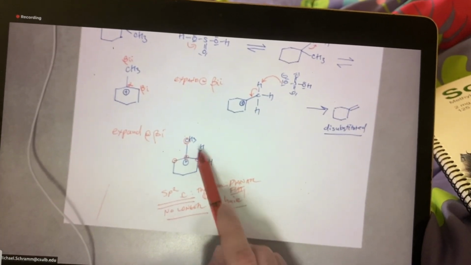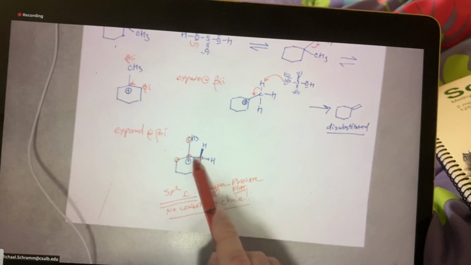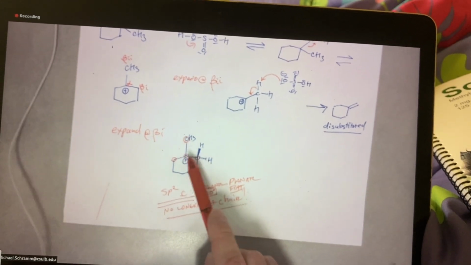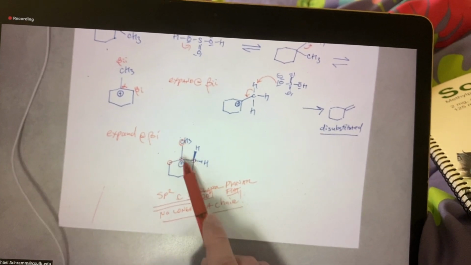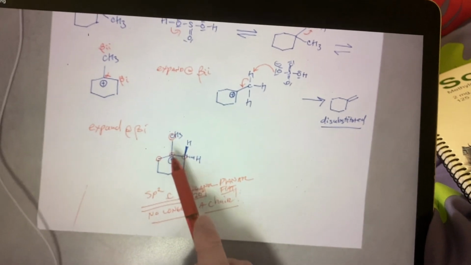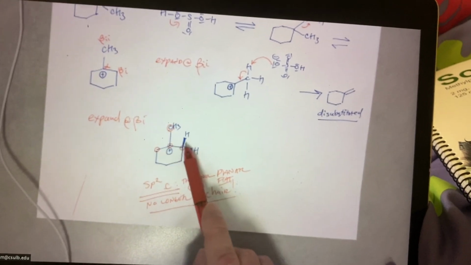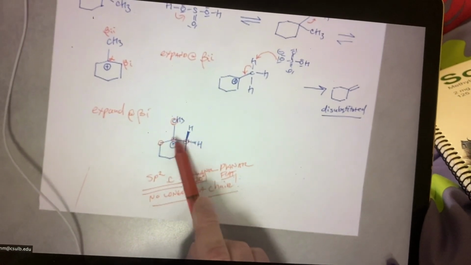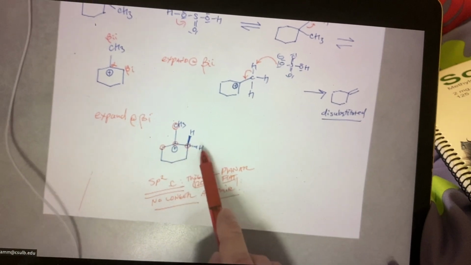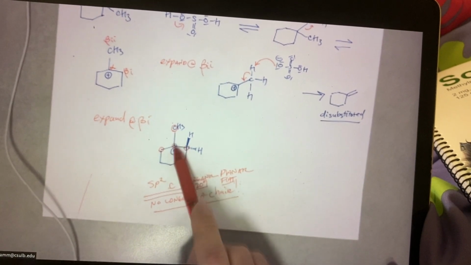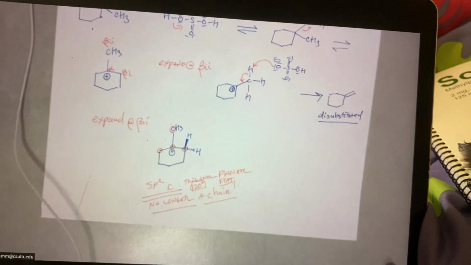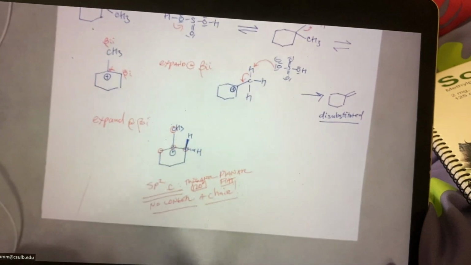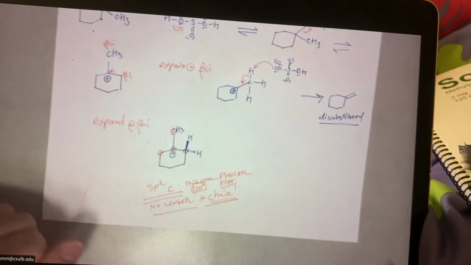And either one of these hydrogens is going to be able to line up perfectly. Imagine a p orbital just coming out of the paper towards us. From the last page we were working on, I drew a p orbital, we showed the hydrogen lining up with it. This hydrogen can easily line up with it. So can this one, because this whole molecule here is flat now. Okay, so we don't need to draw chairs. It's impossible to actually draw a chair for this anymore.